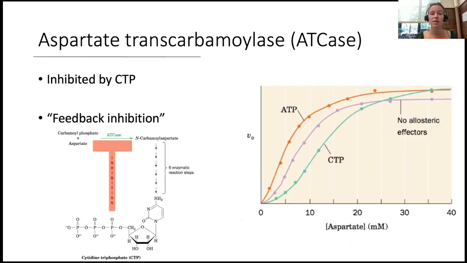And we can see CTP performing inhibition if we look at some kinetic data here. We see that CTP pushed the graph to the right. And if we think back to Km and Vmax ideas, let's say this is the Vmax, guesstimating based on the graph. Let's say this is 1/2 Vmax. We could identify the Km's for each of these curves.